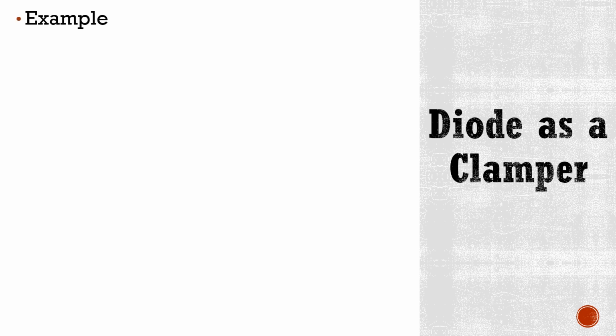Now we will look at an example of negative clamper with positive bias voltage.